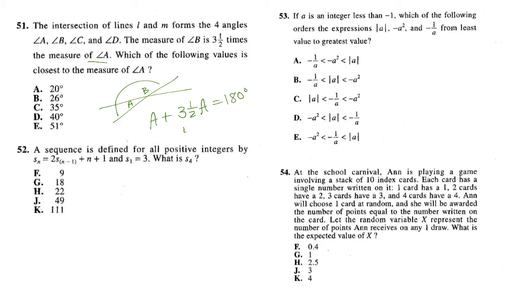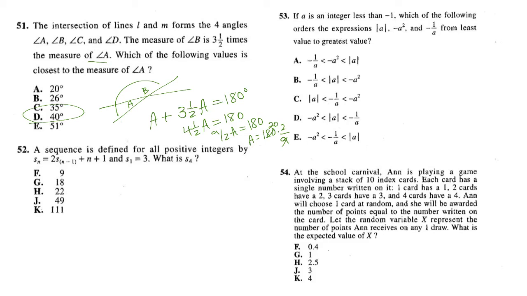So that's going to give me 4.5A equals 180. And so that's going to be 9/2 A is 180. And so when I multiply that over, A is going to be 180 times 2 over 9. And so that's going to give me 40. So that's answer choice D.